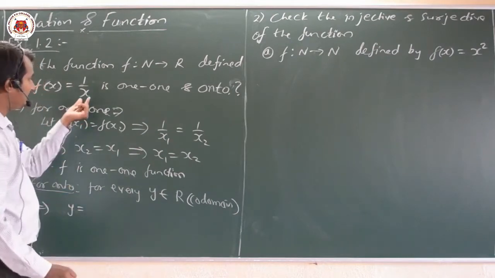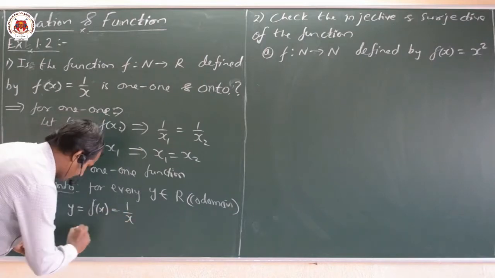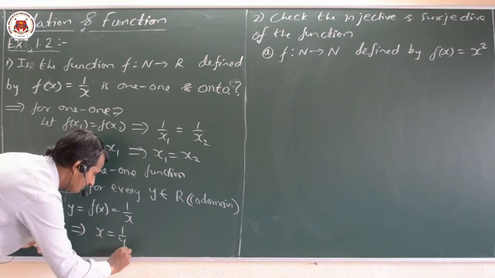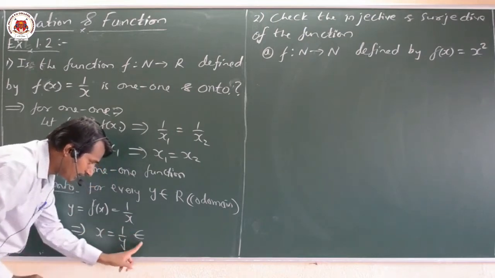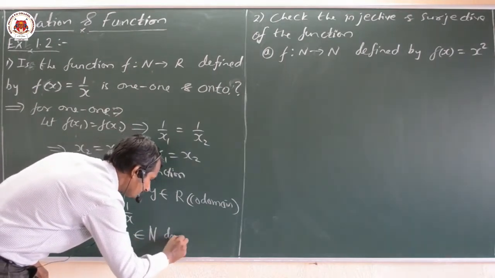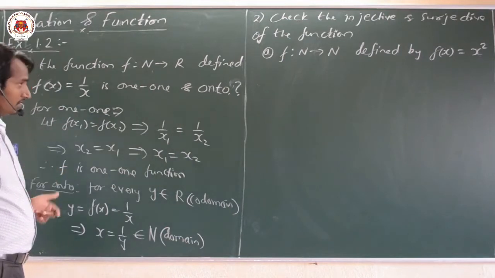What is the f of x value here? 1 by x. So y equals f of x equals 1 by x. That implies if I cross multiply, we get x equal to 1 by y. Does it belong to the domain? What is the domain here? N. Now observe whether it belongs or not.